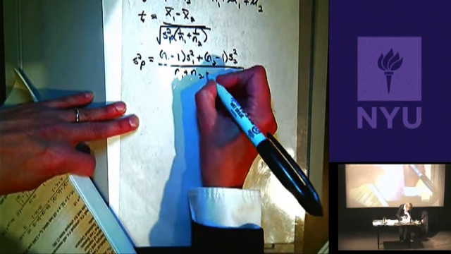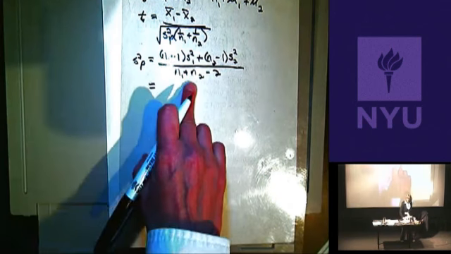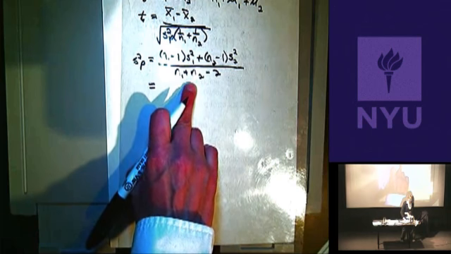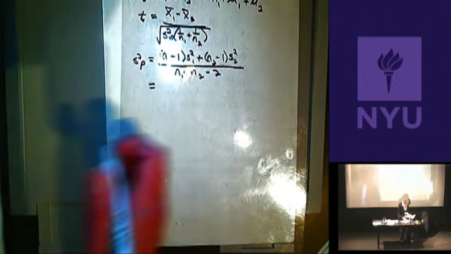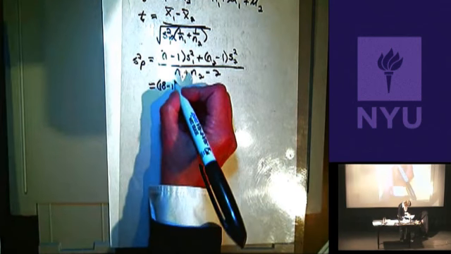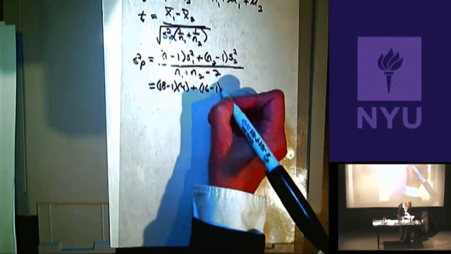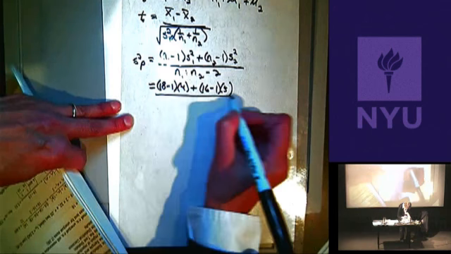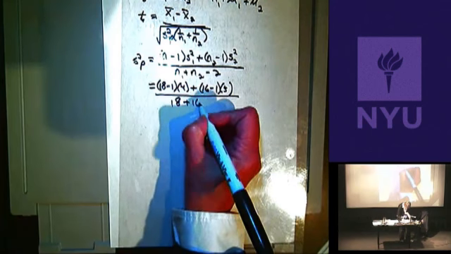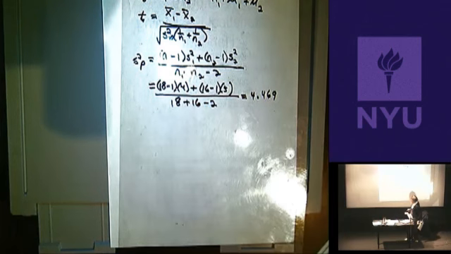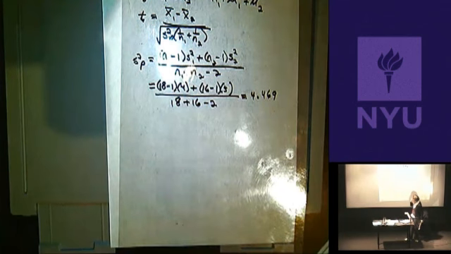And by the way, look what's in the denominator of the pooled variance. That's the total degrees of freedom for two groups, right? Okay, so that's just your pooled variance.